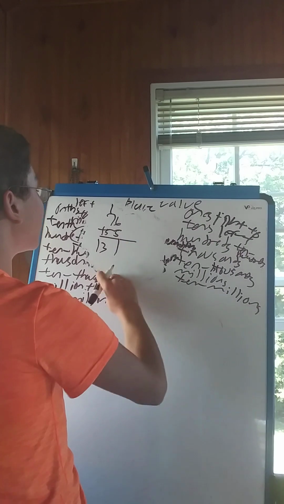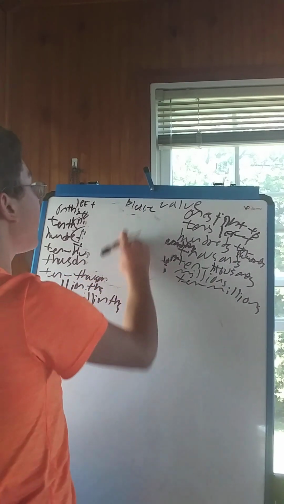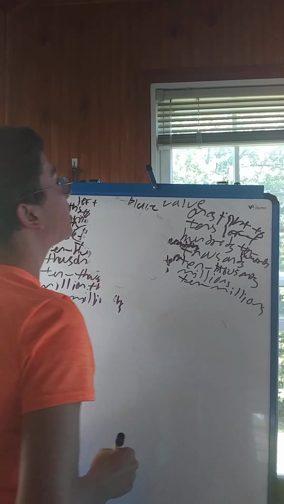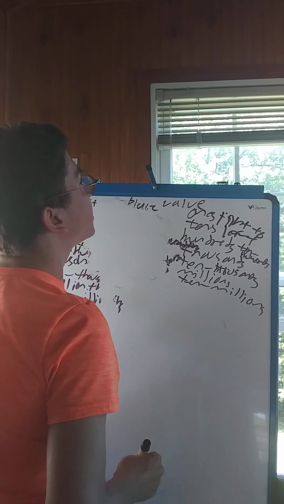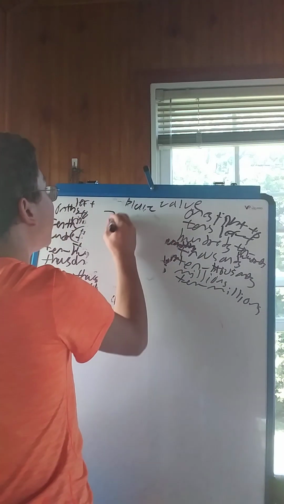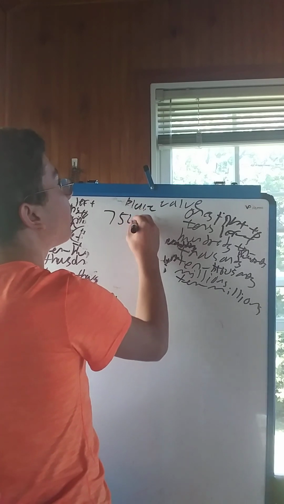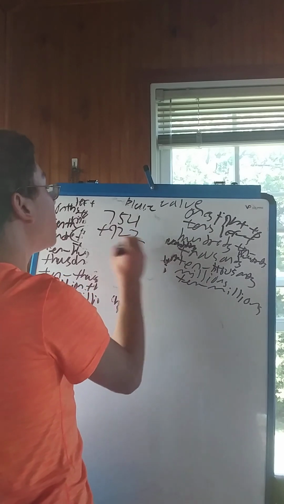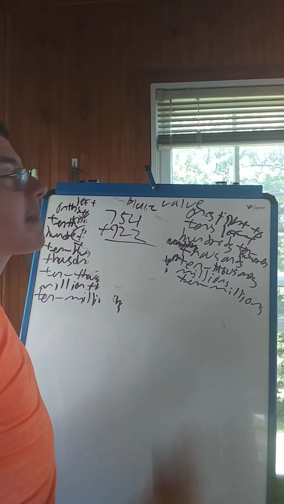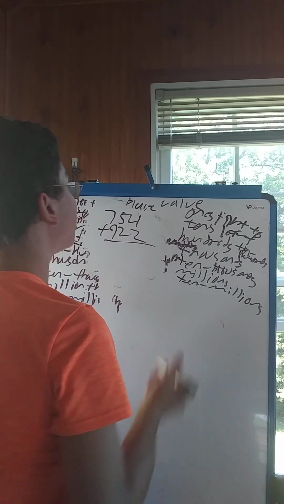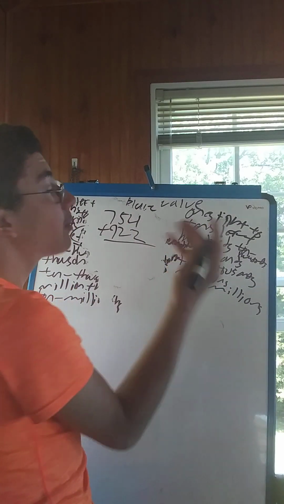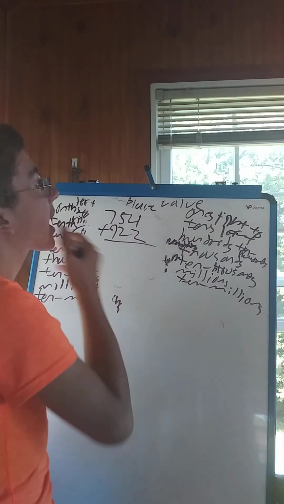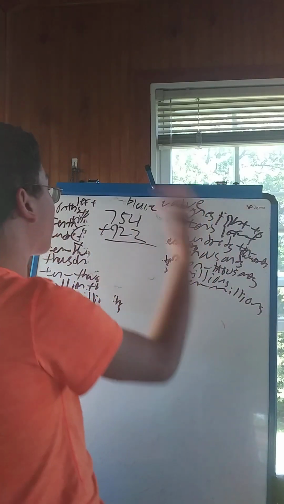Now let's see if we can do 754 plus 922. On this one, you can make any random number combination that you want to. The way you do it is start from right to left, not left to right.